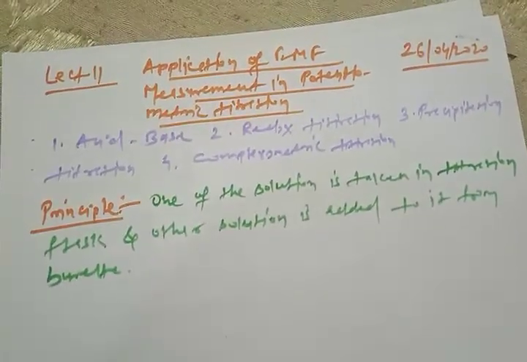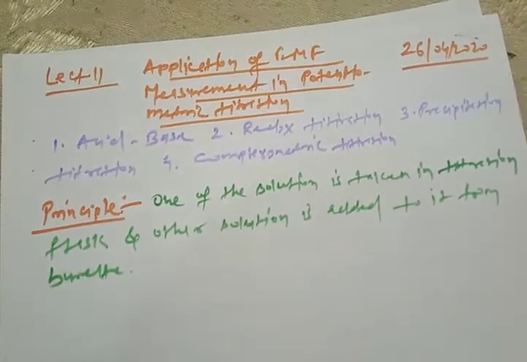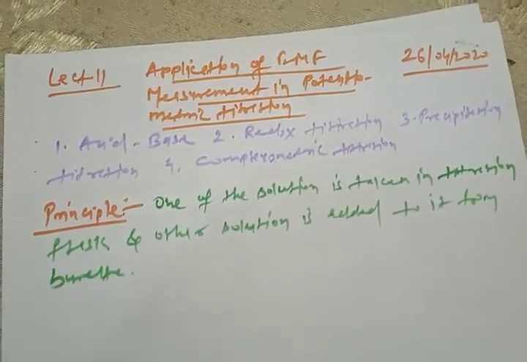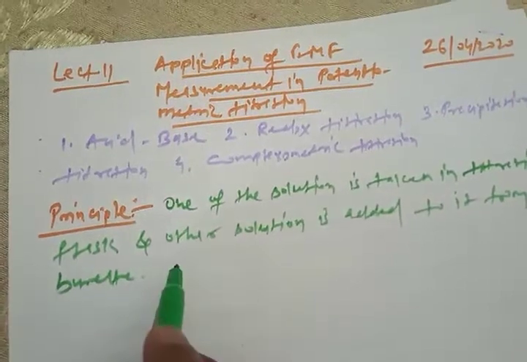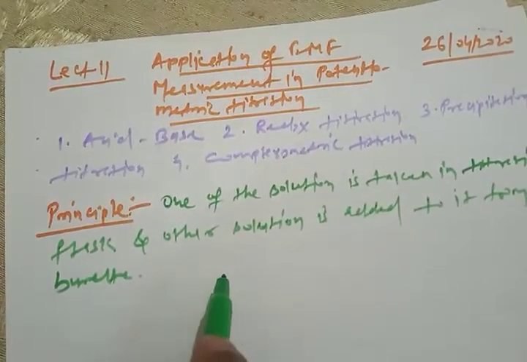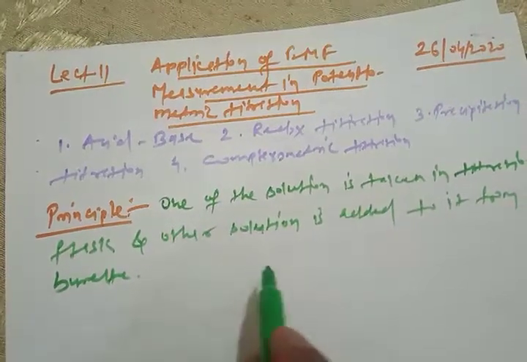Now what is different in potentiometric titration? What will happen when you add the other solution from the burette? The concentration of some ion in the titration flask will keep on decreasing.